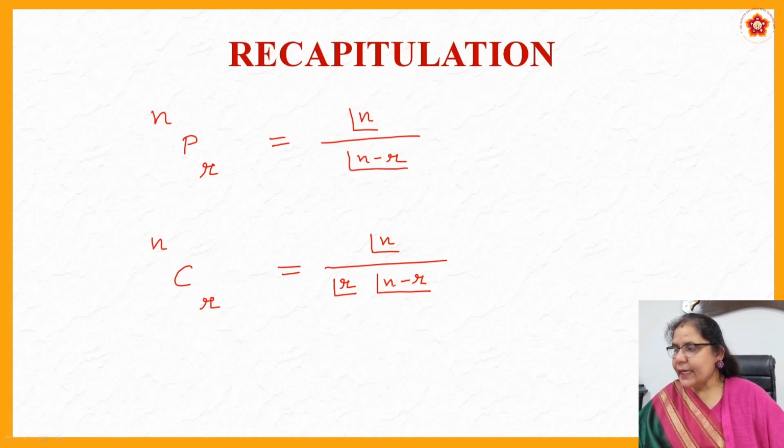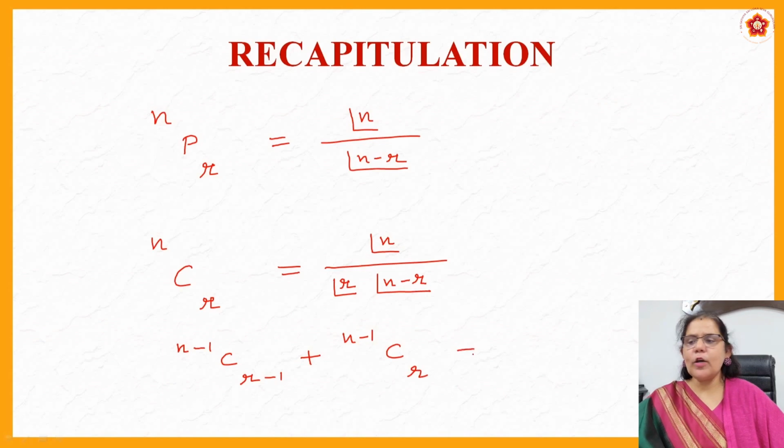In part 9, we did questions based on these formulae, and one of the formulae was n minus 1 C r minus 1 plus n minus 1 C r, and this is equal to nCr.